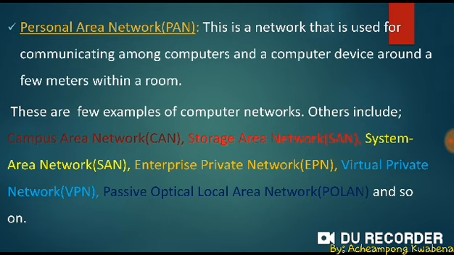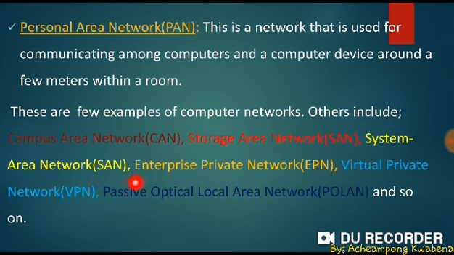And we have other computer networks too, which we will mention here. We're not able to explain more, but we'll look at the other types of computer network. So as we can see over here, we have the campus area network, and as the name goes, campus area network. I hope you understand that one too. Then we have storage area network, system area network, enterprise private network, virtual private network, that's VPN.